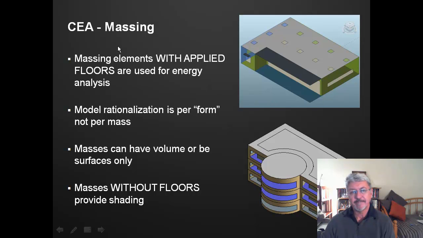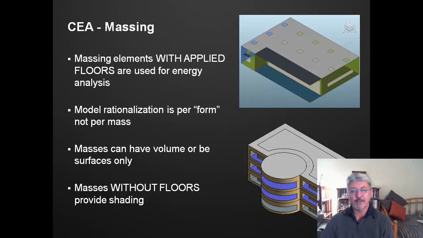So in this massing, only the elements that have an applied floor are used for the energy analysis. I mentioned that already. This means that in a simple building, you may just create the outside form of the building itself and keep the geometry very simple.